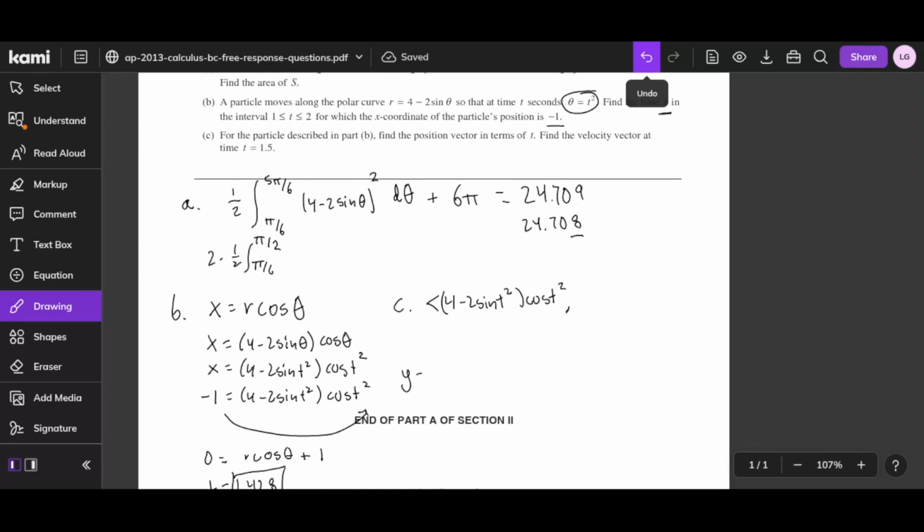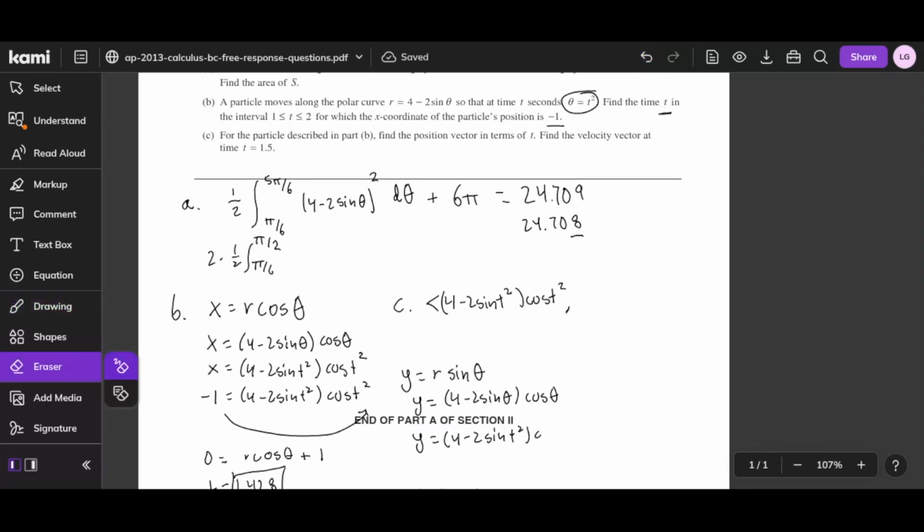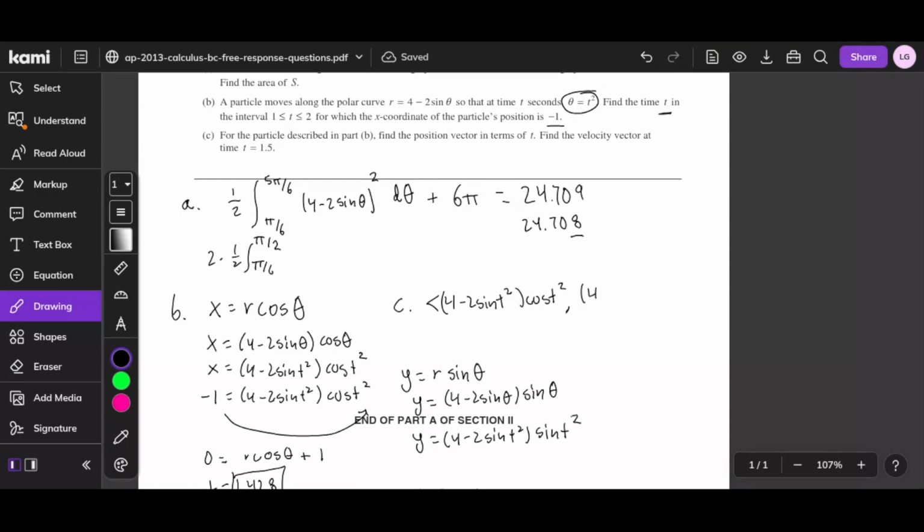So y is just like x, but it's r sine theta, which means that y equals 4 minus 2 sine t squared times sine t squared. My apologies, it should be sine theta and sine of t squared.